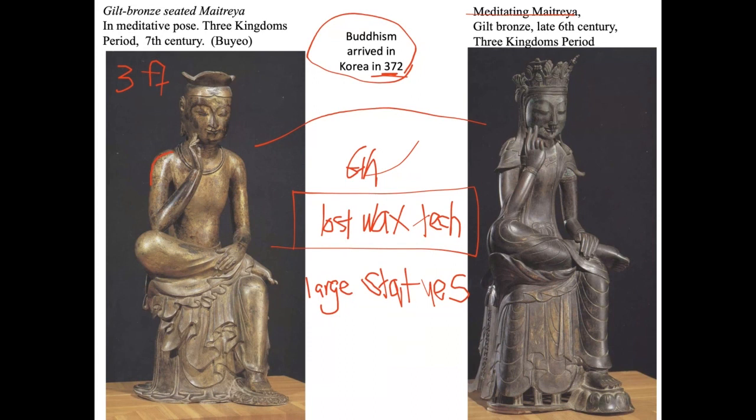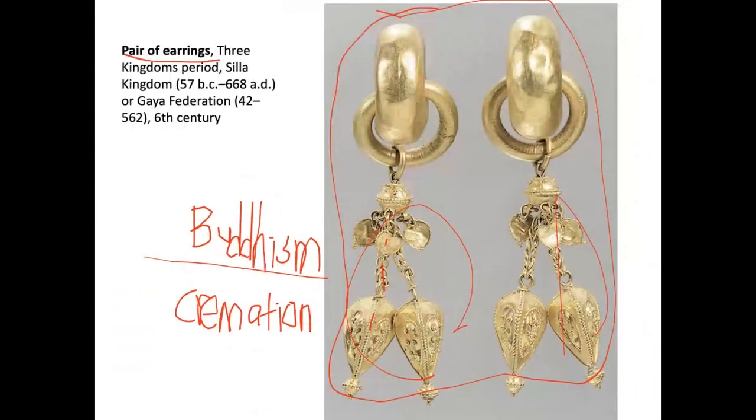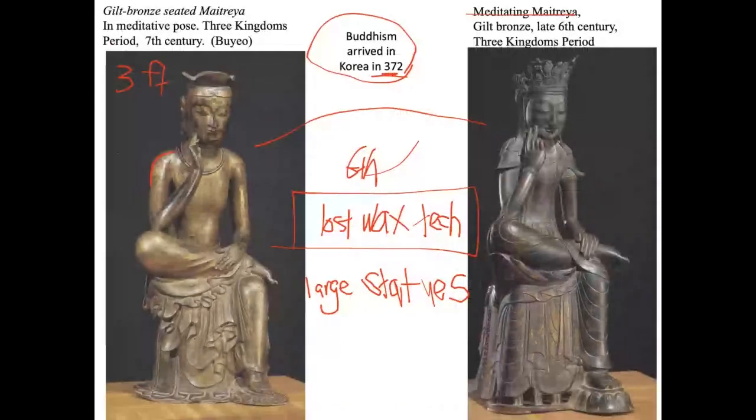So again, it shows the technological standards achieved by late 6th or early 7th century. If they can make this type of ornate gold earrings, they can make it a lot larger and equally create large statues like this. And Maitreya is a type of Bodhisattva.